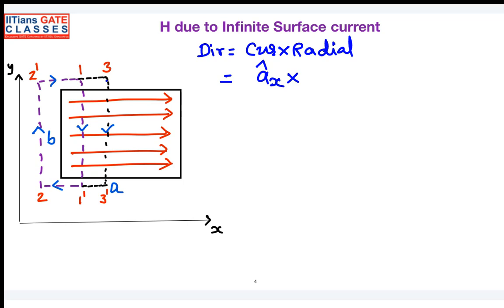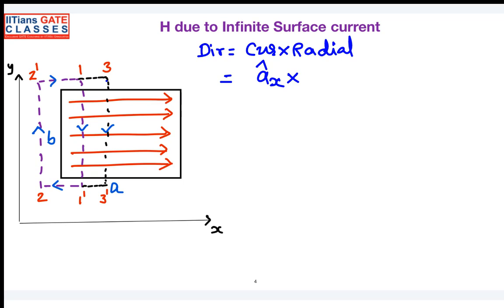You can answer in the chat box. When you have a sheet of current located in the xy plane, what will be the radial direction with respect to the sheet? Radial direction means the perpendicular direction, as I was telling from the first class. When you consider an xy plane, the perpendicular direction is nothing but z. Good.